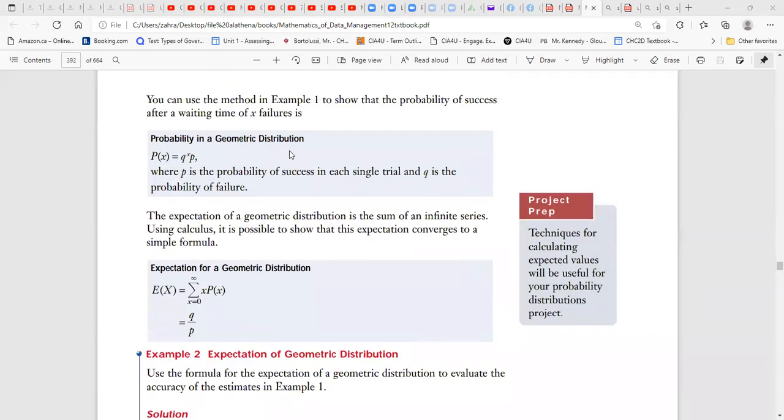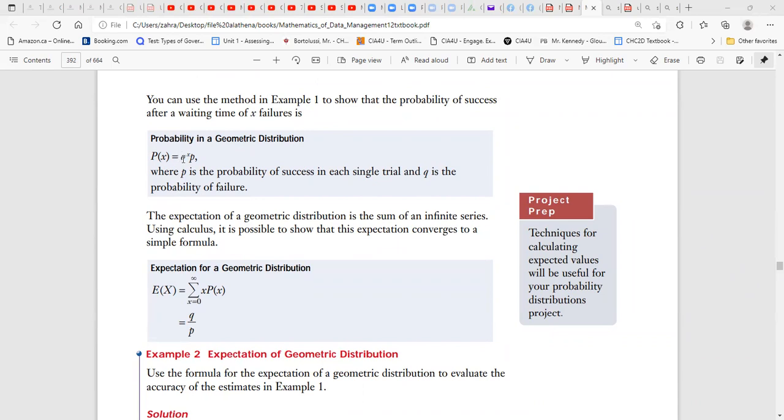Now, here is the probability in geometric distribution. This is the formula: q to the power x multiplied by p. X is your waiting time or waiting period or waiting trials before the success happens.